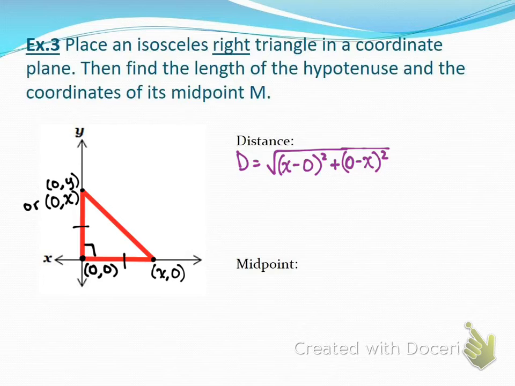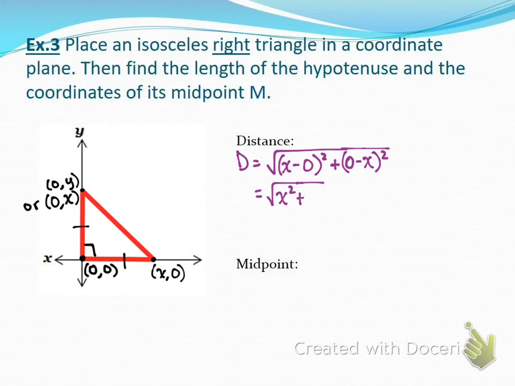Questions about how we plug these in? Okay, so then we find the distance. We can simplify this. X minus 0 is x. If we square x, what do we call it? X squared. Plus negative x, but if we square it, what's it going to be?